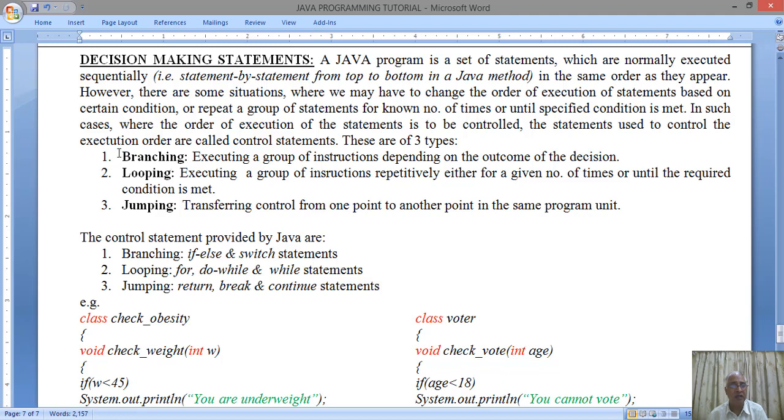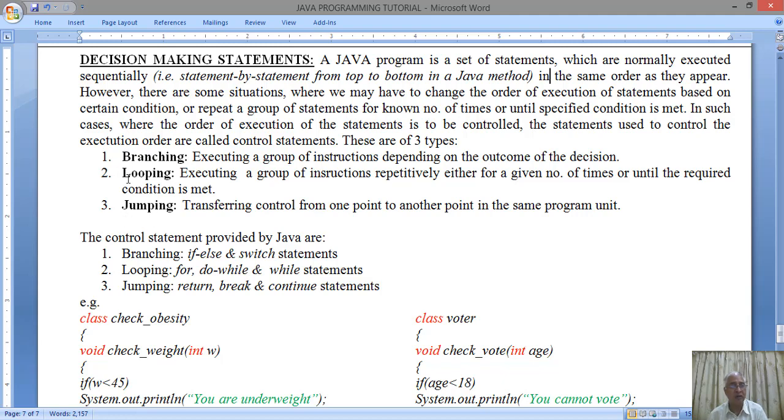Today we are going to discuss the branching part, which deals with the if, else and switch statements. After branching, we will come to looping, and after looping we will come to jumping.